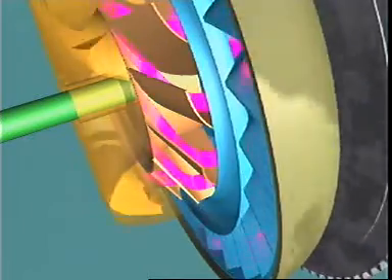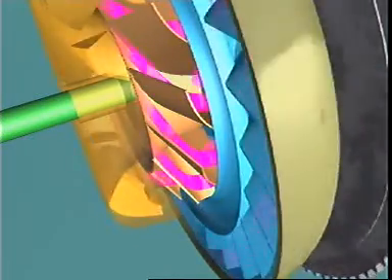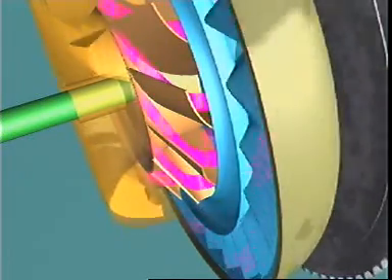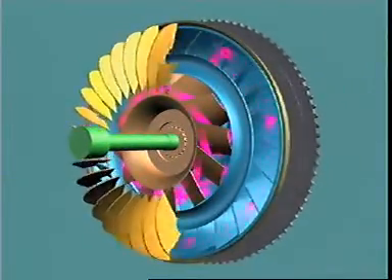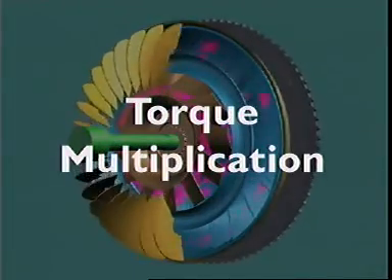The stationary stator and the angle of the blades change the direction of the fluid flowing between them. The fluid re-enters the impeller at high velocity in the same direction as impeller rotation. It strikes the back of the impeller vanes with considerable force, giving up energy to assist the engine in turning the impeller. This provides torque multiplication.